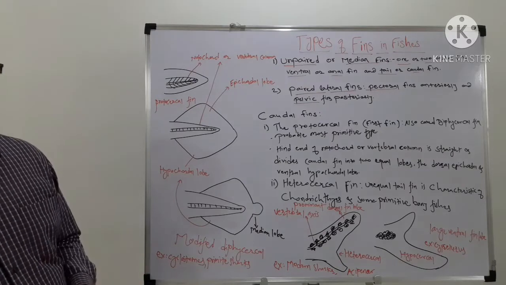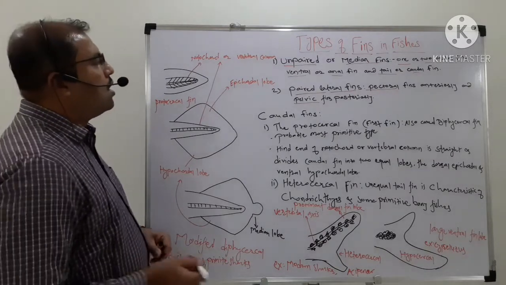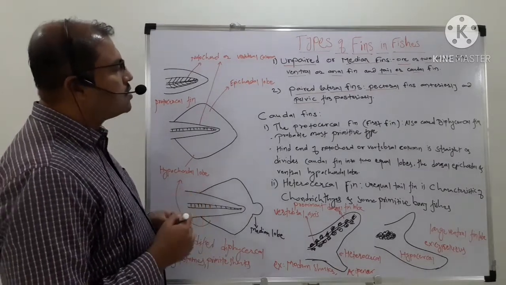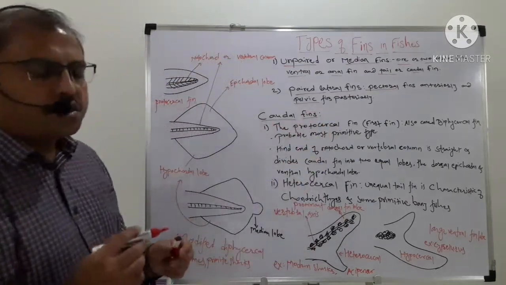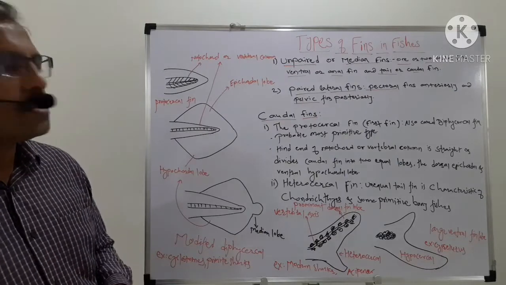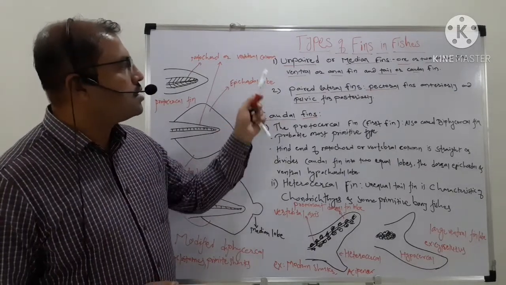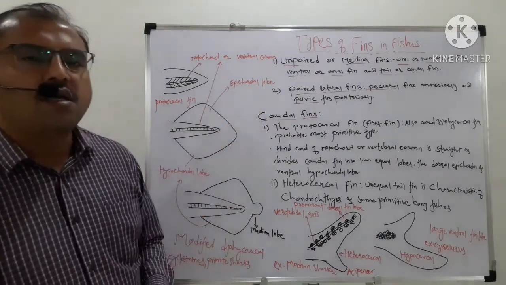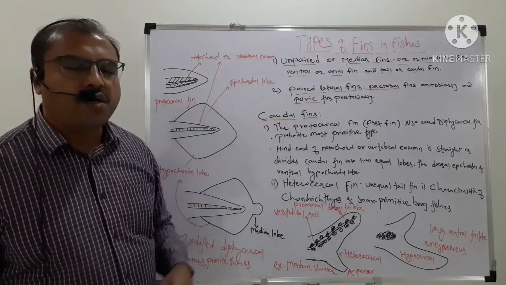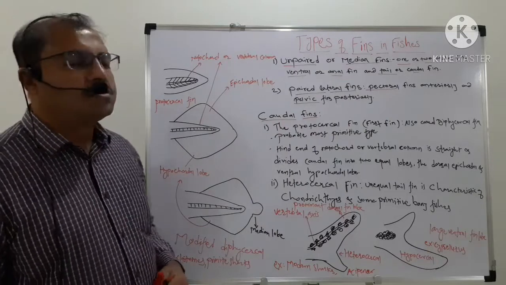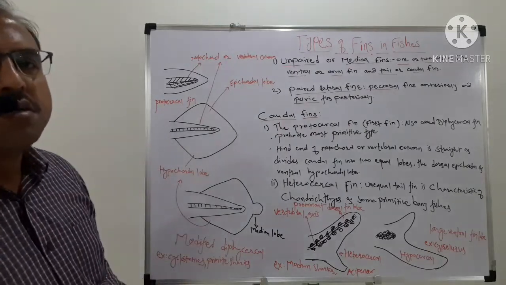Then these unpaired and paired fins afterwards we will move to the caudal fins. In the unpaired as well as the paired fins, that is dorsal, ventral, pelvic as well as pectoral, there is no such diversity in Pisces.